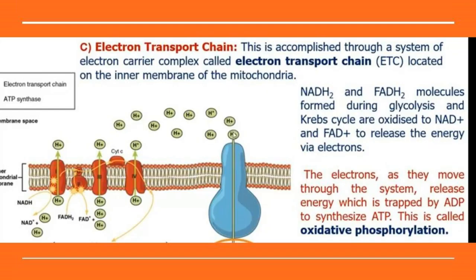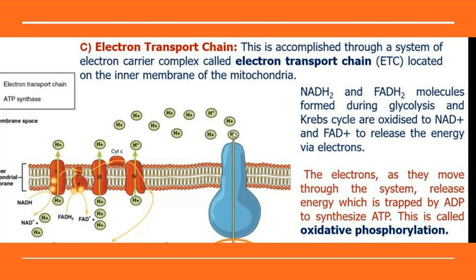The last stage is the electron transport chain. The electrons are accumulated and passed through a system of electron carrier complexes, so it is called the electron transport chain, ETC. This is the abbreviation of electron transport chain, and it is located in the inner membrane of mitochondria.